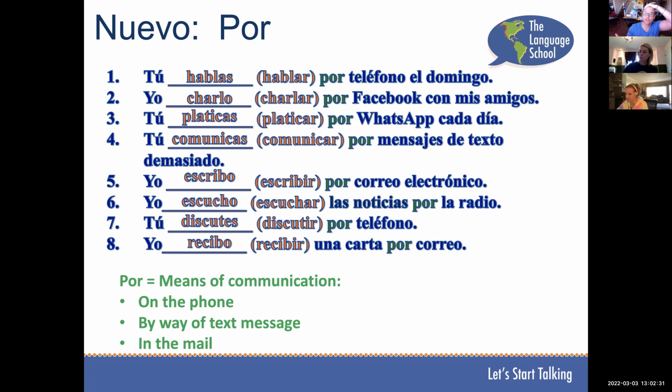You talk on the phone on Sunday. Número 4, tú comunicas por mensajes de texto demasiado would be you communicate by way of text message too much. Or in the mail, número 8, yo recibo una carta por correo, in the mail. So it's just a use case.